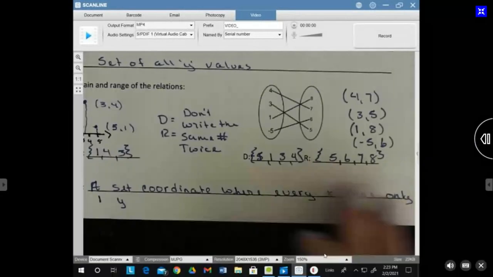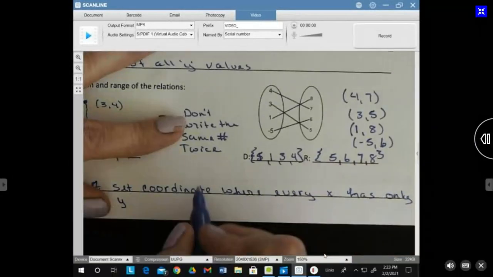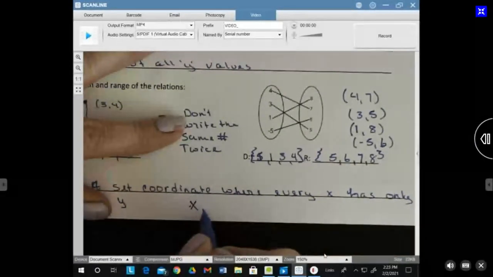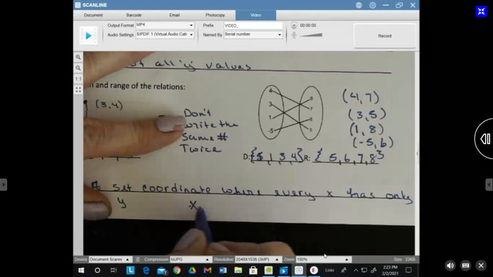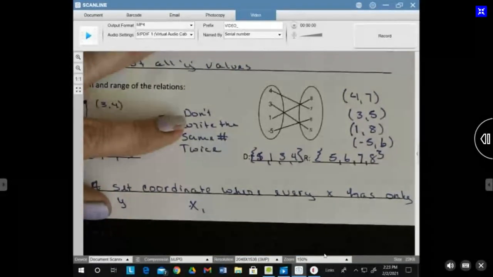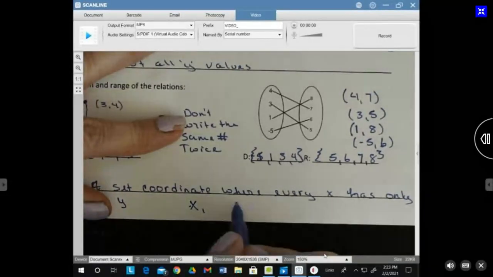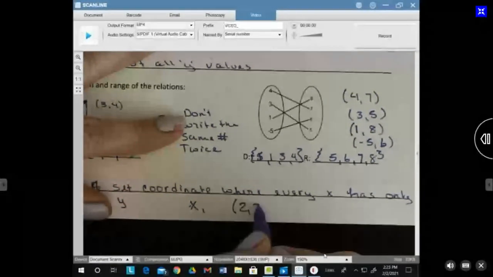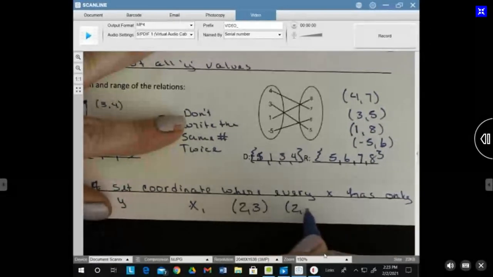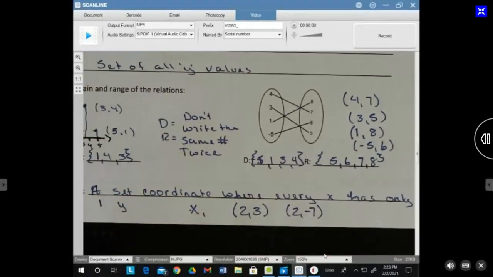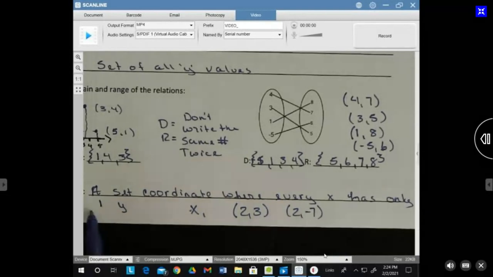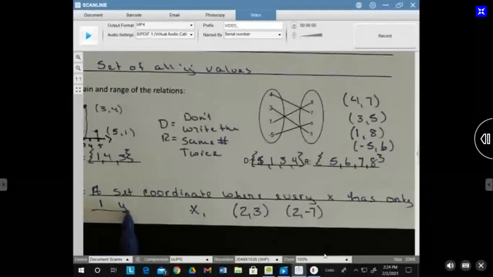Okay, so if you're a function, this X can only show up 1 time. Because let's say you had (2, 3) and (2, -7). Well, that X, that 2, has a 3 and a -7, and it can only have 1 Y, not 2 Y's.